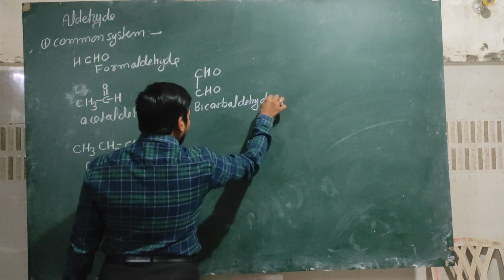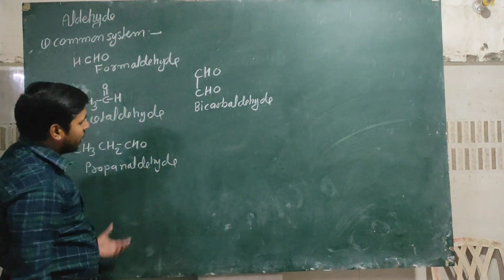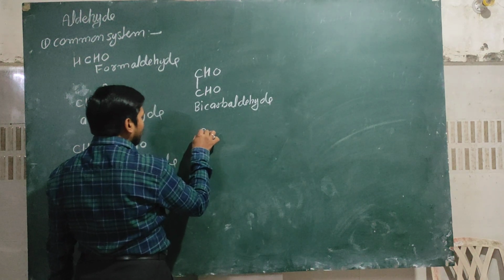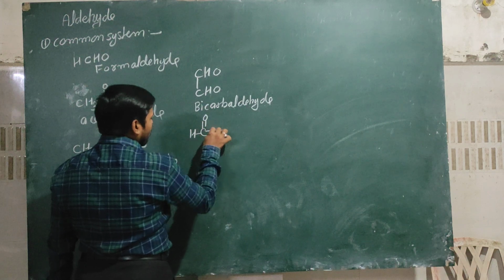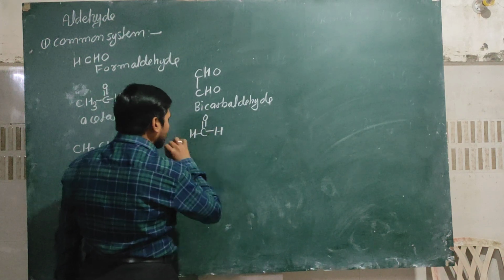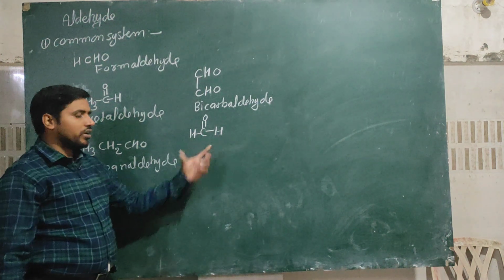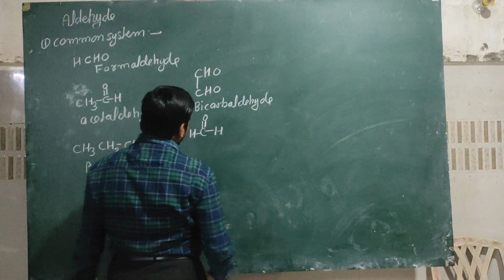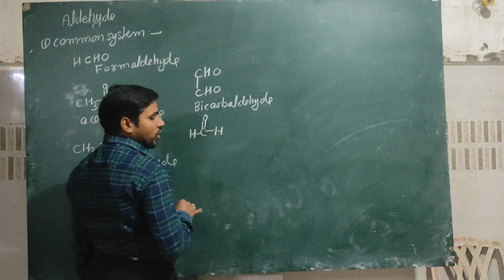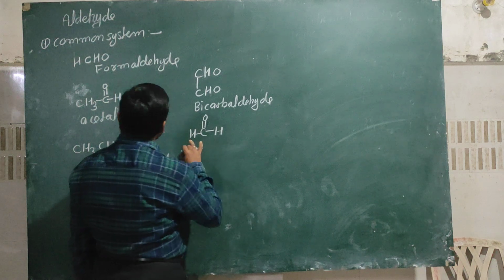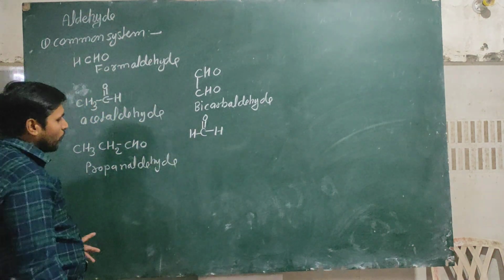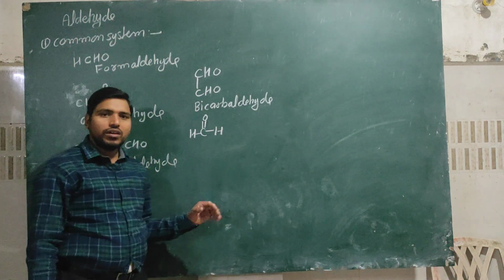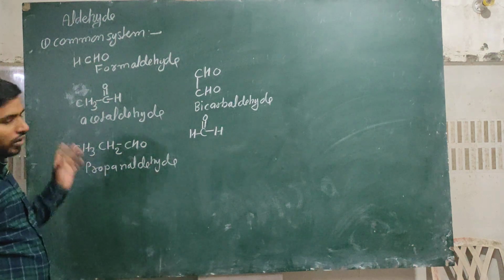Except this, the aldehyde in which one hydrogen is present on the carbonyl group is also known as monocarbaldehyde or monoaldehyde. So propanaldehyde, butanaldehyde, pentanaldehyde, hexanaldehyde, these are the common system names of the aldehyde.